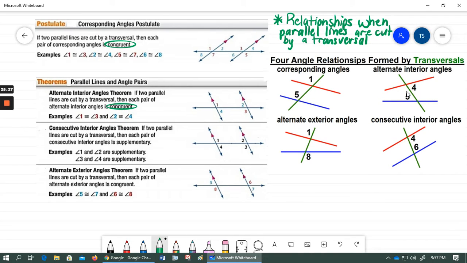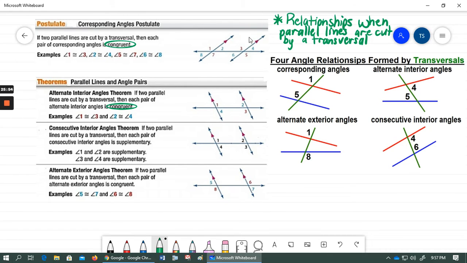I have a little separate diagram over here to remind you again what alternate interior angles look like, so you're not confused. It's very important for you to be able to recognize what they look like, so that you can use these theorems and postulates that I'm going over right now when you have two parallel lines that are cut by a transversal.